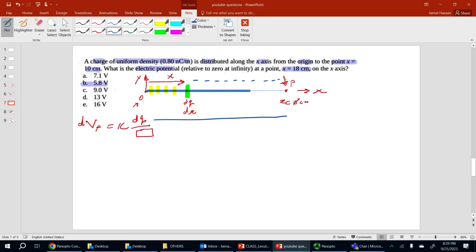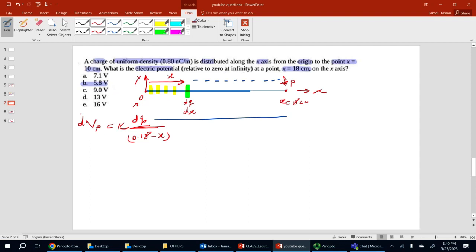Or I could change it to meters, so it's 0.18 minus x. So let me erase this. The answer here simply is equal to 0.18 minus x, okay?